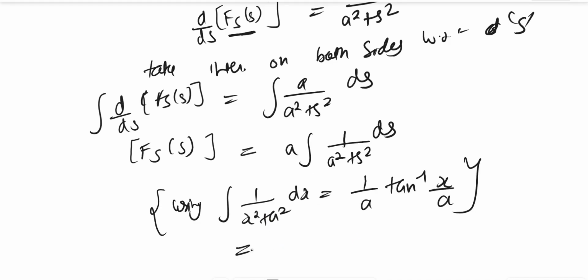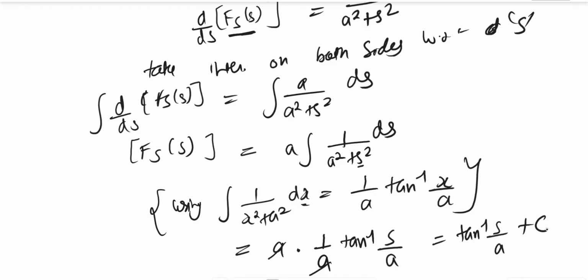So here it is a times the integration of 1 upon a squared plus s squared, where s is in place of x. So it is 1 upon a multiplied by, in place of a, a, tan inverse, in place of x, s divided by a, in which a cancels a. It is tan inverse s upon a plus c. c is an integration constant.